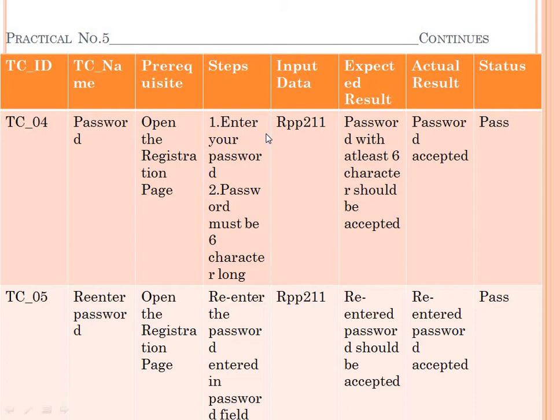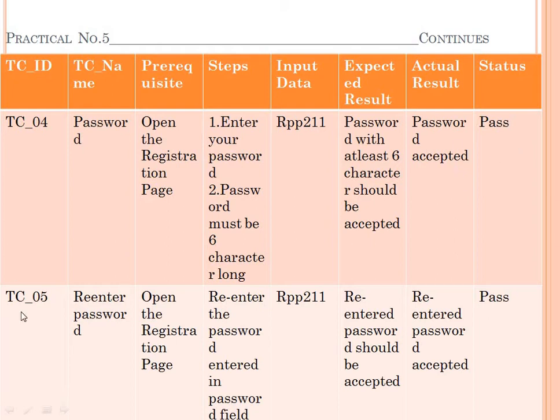The condition is that the password should be 6 characters. The expected result is that a password with at least 6 characters should be accepted; otherwise it is not accepted. The actual result is that the password is accepted, then the status is pass.